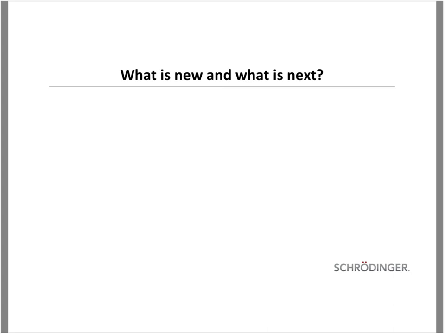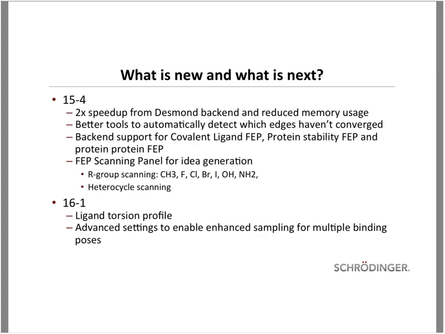Just in the last few minutes or so, I want to go over what's to be expected and what is available in our new release. The 15.4 release, which was released about 4 months ago, and the 16.1 release that was released a number of weeks ago, we've addressed some new issues.